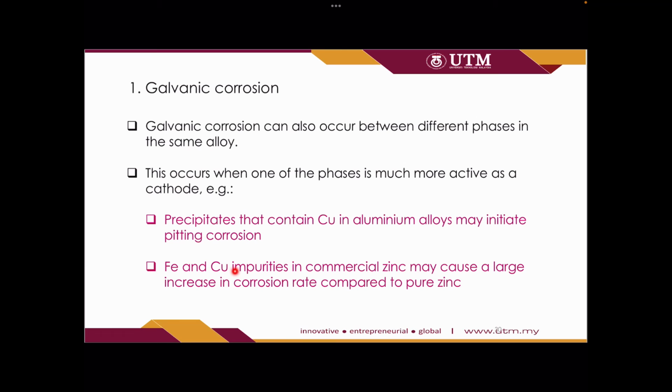Iron and copper impurities in commercial zinc may cause a large increase in corrosion rate compared to pure zinc. Why? Because they have other phases inside the alloy, giving an effect of different potential between the phases in the alloy. So this allows galvanic corrosion to happen.